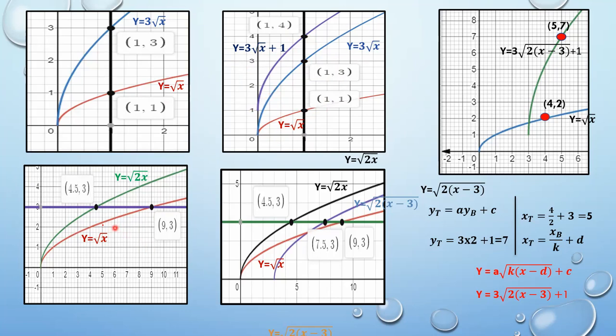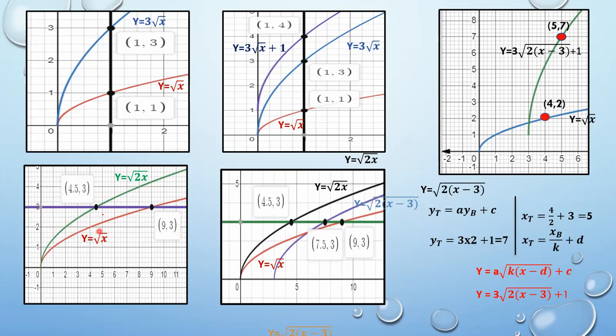To check in this graph, we can check horizontal stretch or compression, where you have a horizontal line. It means your y coordinate doesn't change. So now I choose this point 9, 3, where the y coordinate is 3, x coordinate is 9. So what happened to this point? It came to 4.5.